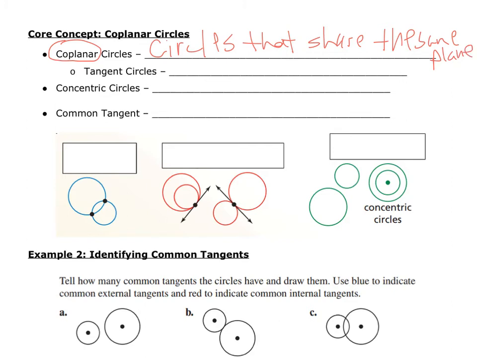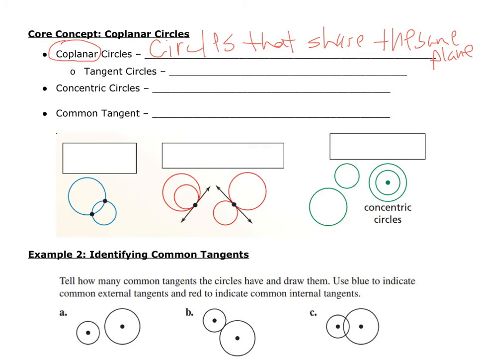Now, the next one, tangent circles. Well, let's think about what tangent meant. What did it mean when we had a tangent line of a circle? What was the definition of a tangent line? Well, we defined a tangent line as a line that touches a circle at one point. So for circles to be tangent circles, doesn't that mean the circles touch at one point on the outside edge?